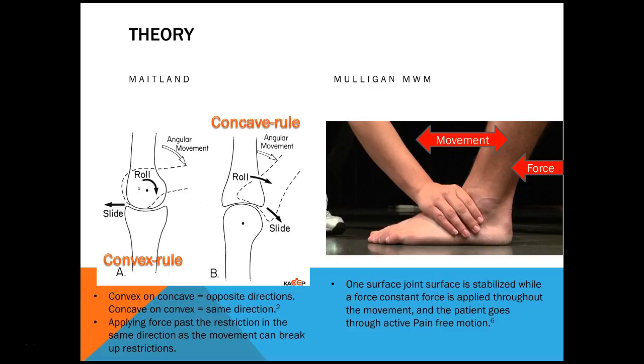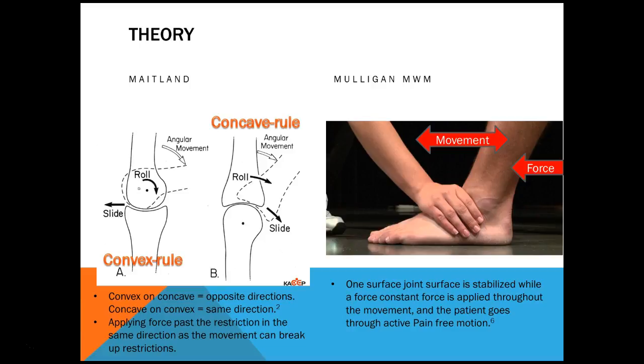There's going to be a force being applied posteriorly to the tibia, and then the patient would go through active dorsiflexion. This particular example is a weight-bearing example because the patient is standing and they are applying weight to their foot. You can also do it non-weight bearing where the patient is lying supine and the same principles apply.